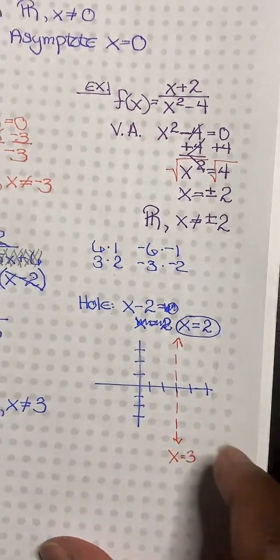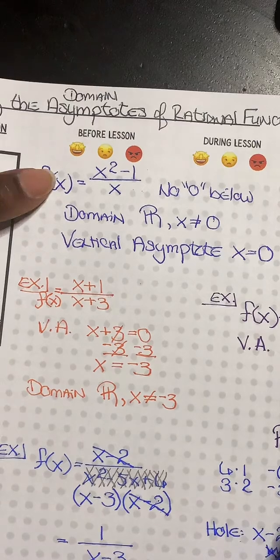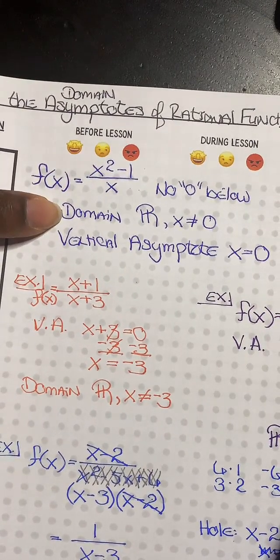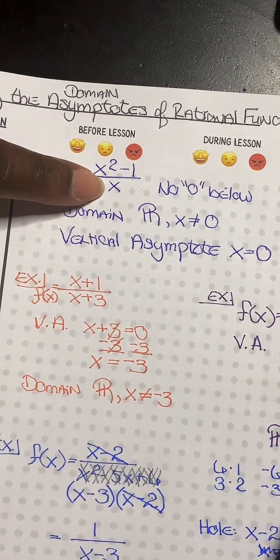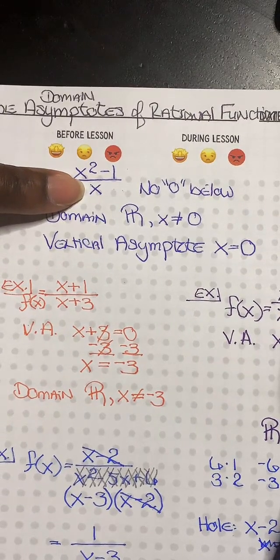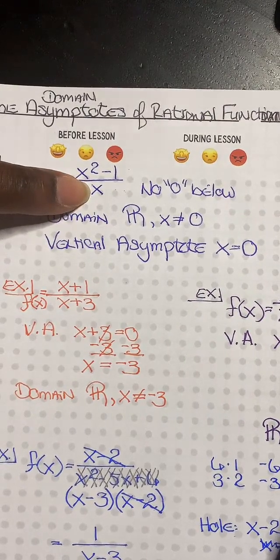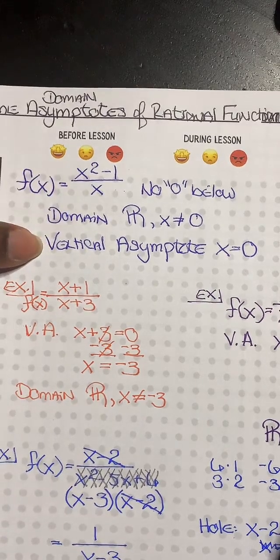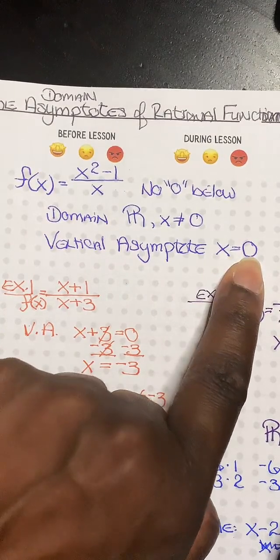So, to do a quick refresher, if you're given a rational function, to find the domain, you're looking at the denominator and setting it equal to 0. The key thing is to figure out what number is going to make our denominator 0. In this case, it was 0. So that means we have a vertical asymptote when x is equal to 0.